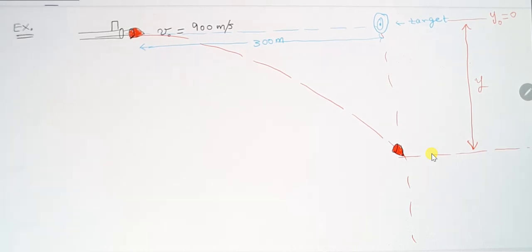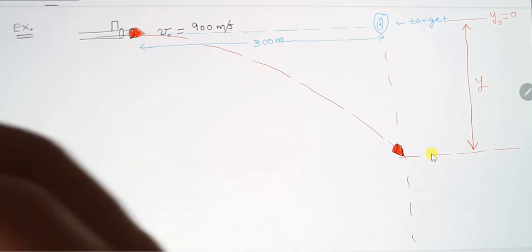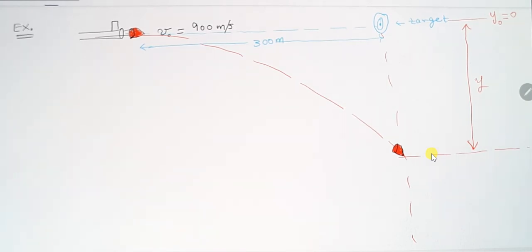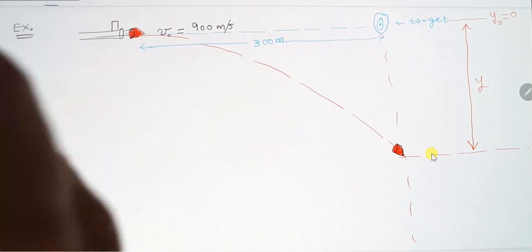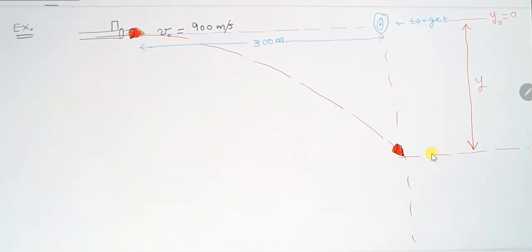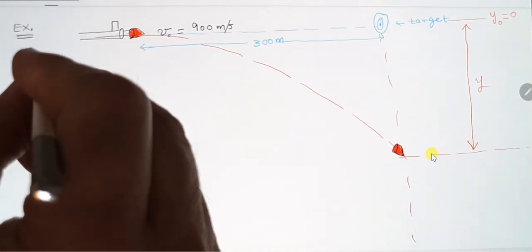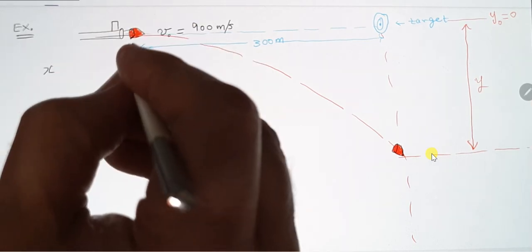Okay. So now let's try to do the physics. In any projectile problem, you need to divide it into x and y.